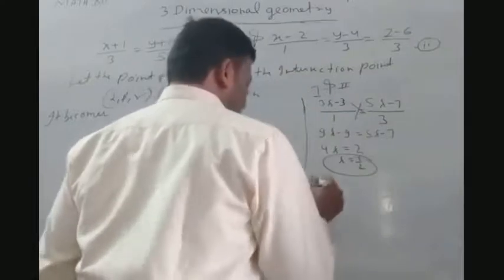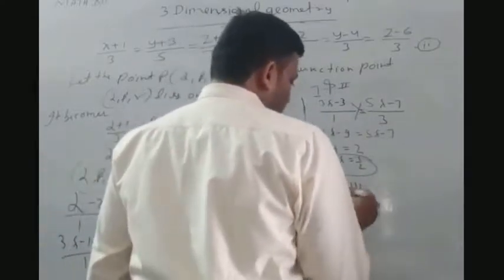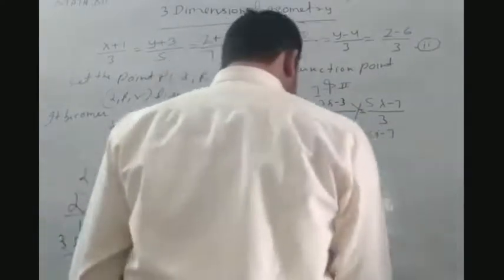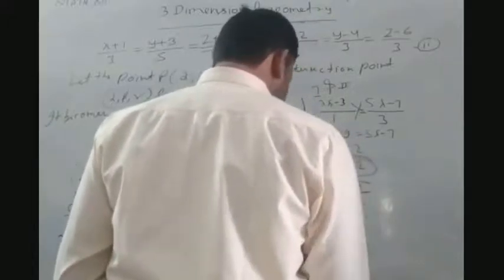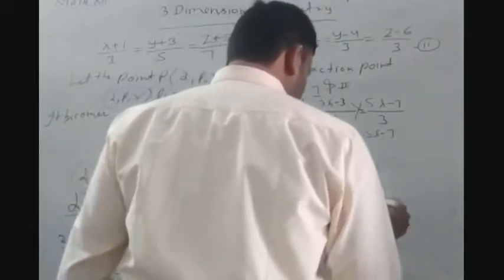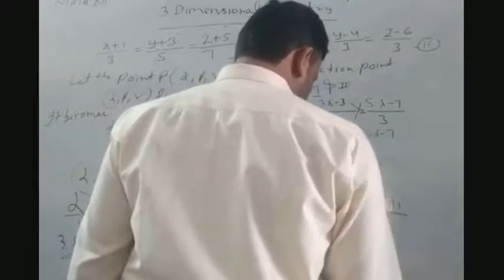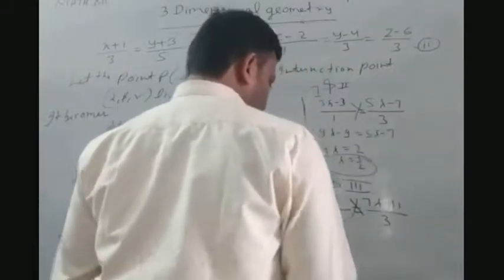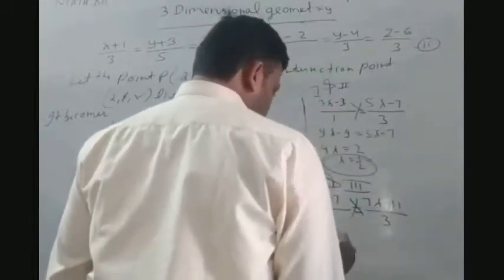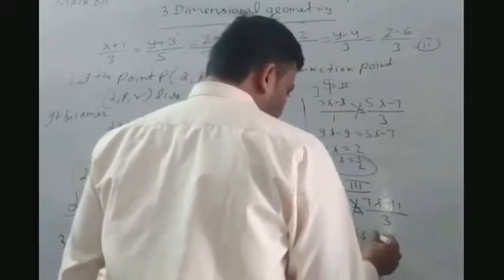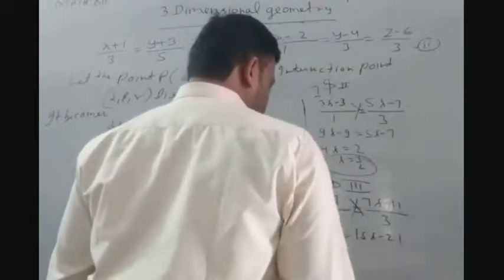Now we take the second and third parts, and we get (5 lambda minus 7) by 3 is equal to (7 lambda minus 11) by 3. Cross multiplying, we get 21 lambda minus 33 is equal to 15 lambda minus 21.